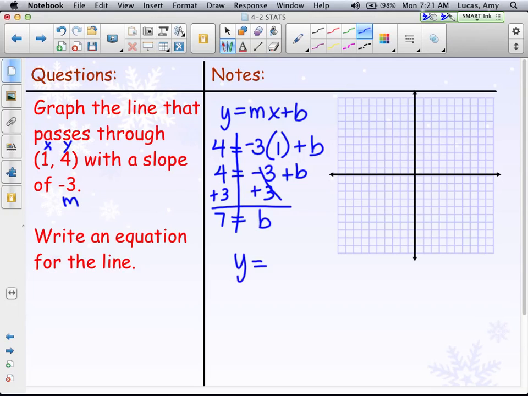So y = -3x + 7. Start at 7. And remember, when your slope is -3, it means your rise is -3 and your run is 1. So down 3 over 1. And there's my line.